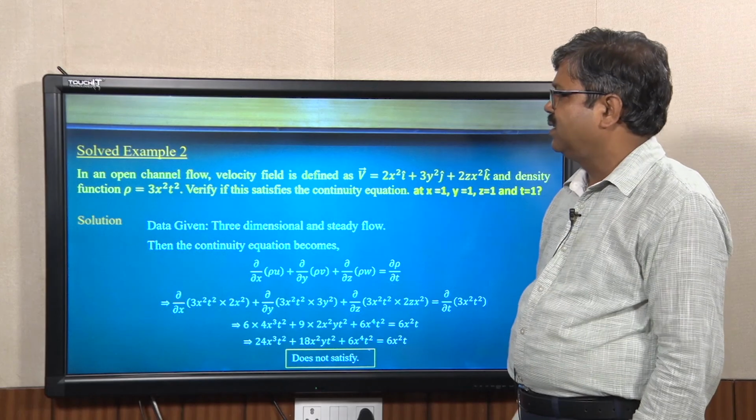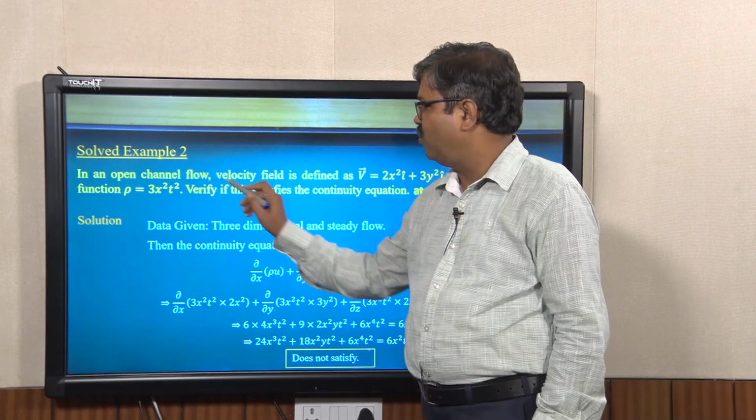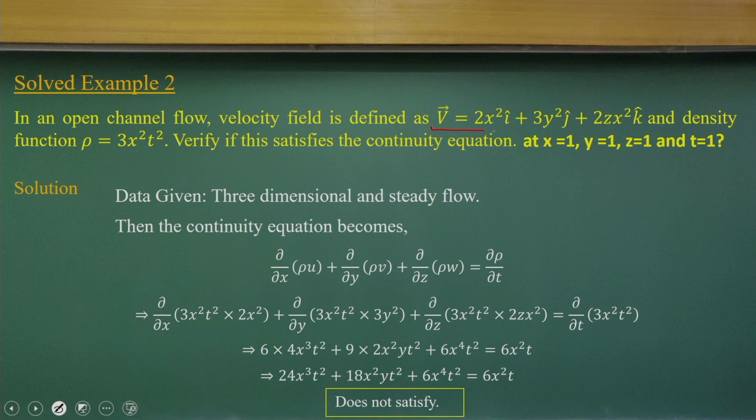In the same way, the next example is a solved example in open channel flow. The velocity field is defined with x, y, z components as a function of x squared, 3y squared, 2z squared. Density is given as a function of 3x squared t squared. Does this satisfy the continuity equation at x, y, z equal to 1 and t equal to 1? Same way, we can use the continuity equation and substitute all these values.